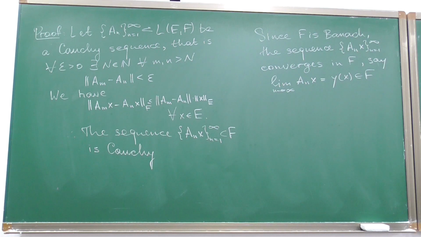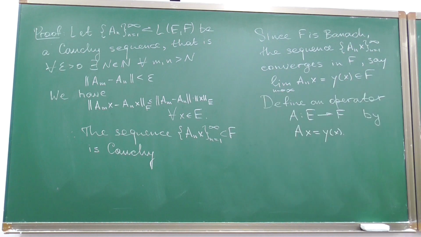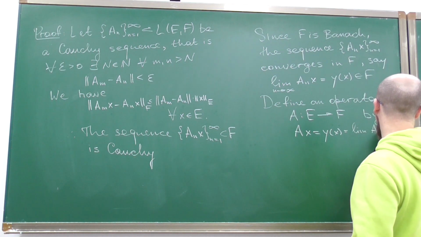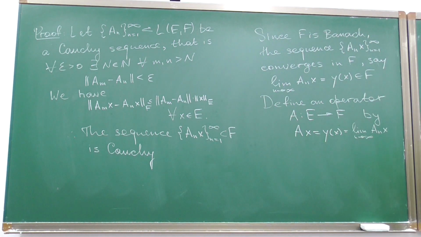Let us now define an operator A on E such that A(x) equals y(x), exactly this limit. Let me also say that it is nothing but the limit of A_n x. All the operators A_n are linear operators. The limit is linear as well. So the operator A, which we define, is a linear operator.